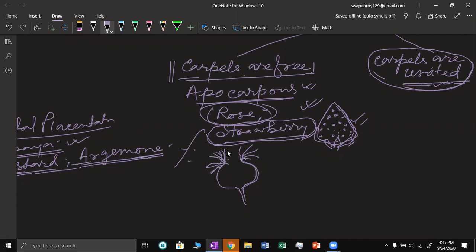And if you cut this fruit, you will find inside there are many fruits. To you they appear just like seeds, but actually they are fruits. And these fruits develop from the individual ovary of the carpel. So this is apocarpous condition. And when the carpels are united, this is known as syncarpous.